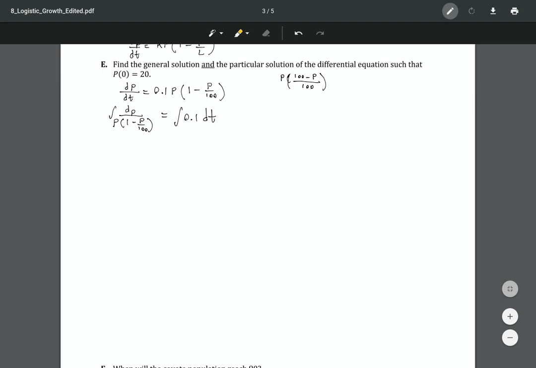And then this would become, if I keep change flip, 100 over p(100 minus p) dp is equal to this.